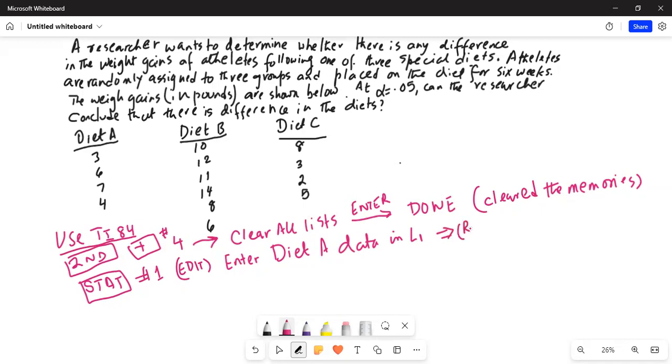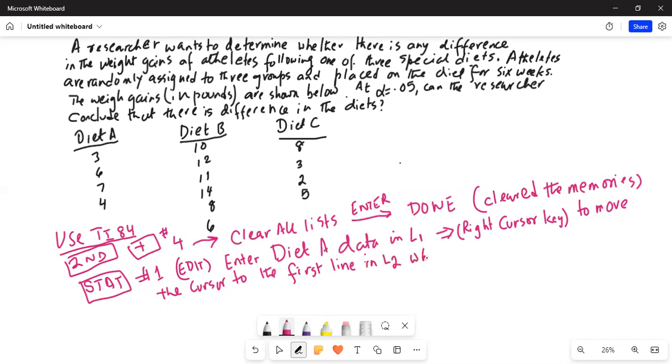This is the right cursor key, to move the cursor to the first line in L2, where we will enter diet B data.